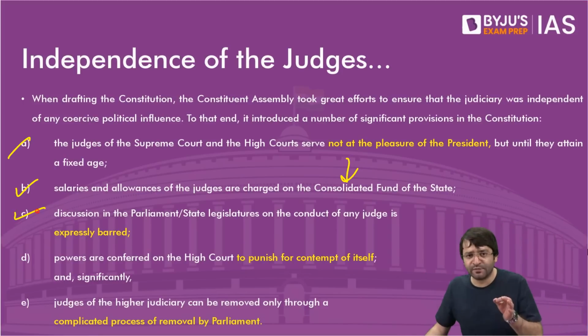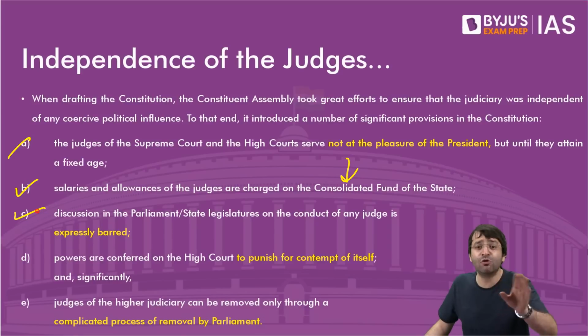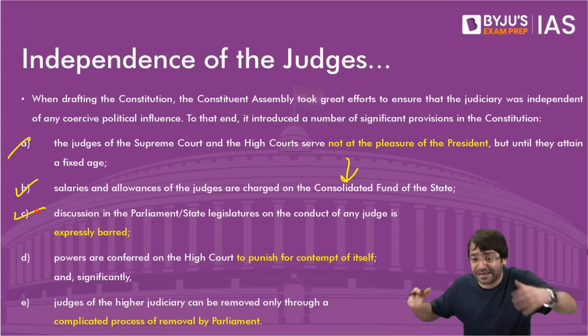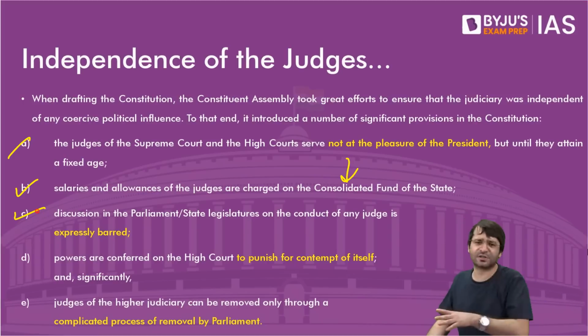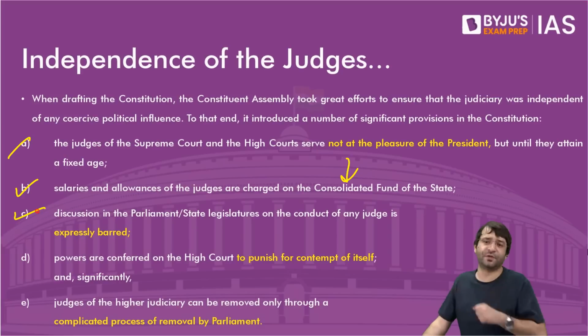And whenever you give any verdict on your judgments, there can be no discussion in the Parliament or the state legislature. Parliament can discuss anything. Parliamentarians can say anything, even if it goes against the sovereignty, integrity, unity of India. But one thing they cannot do, they cannot discuss the conduct of judges.